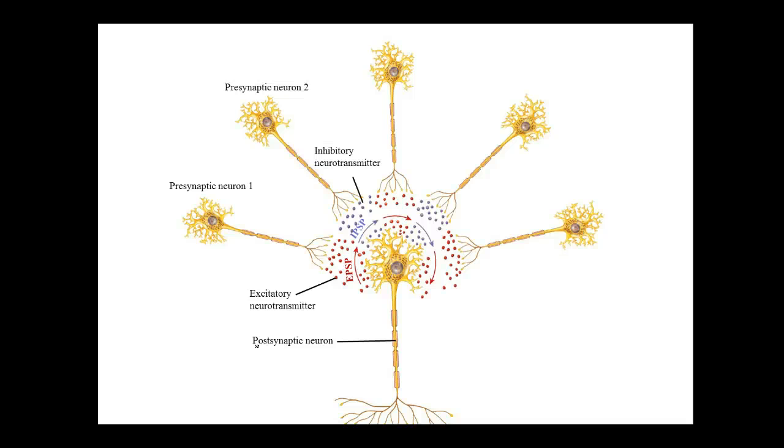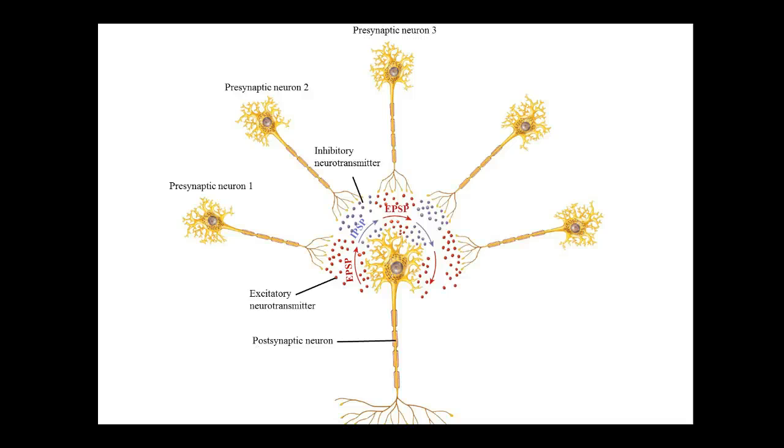Neuron number 2 is opening chloride gates or potassium gates, so the inside is going to be hyperpolarized. This is an inhibitory postsynaptic potential, so it's keeping us from reaching threshold.